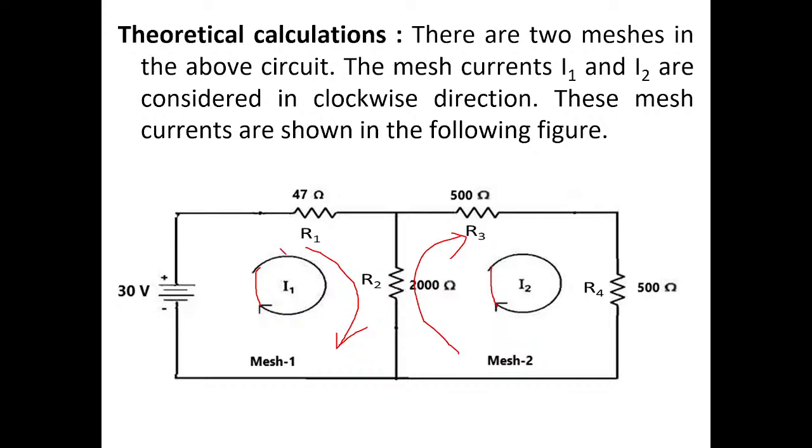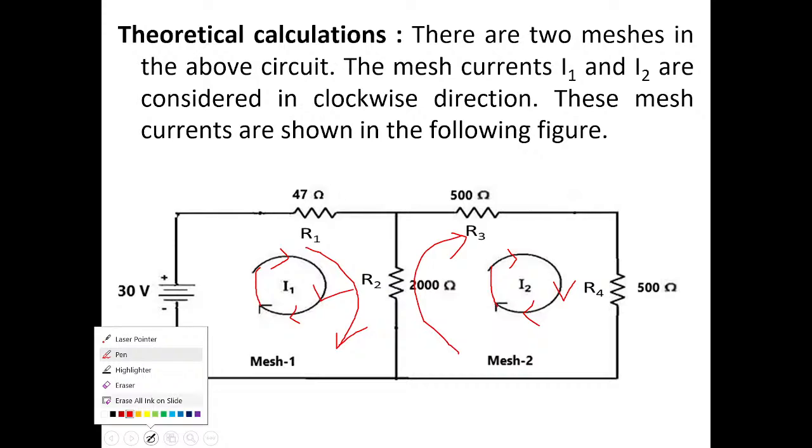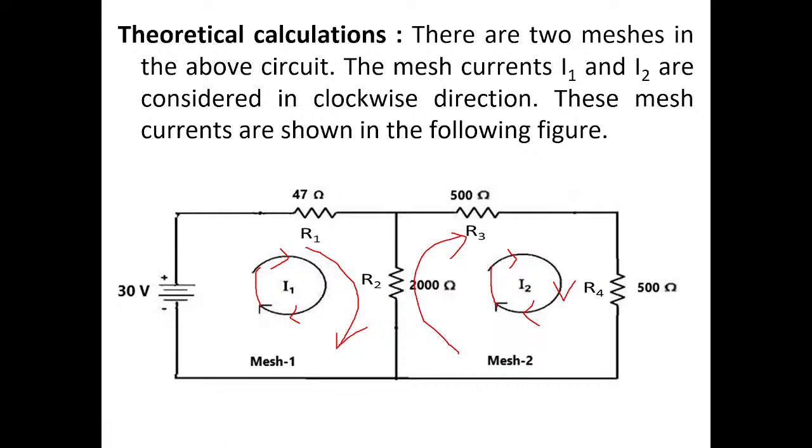So beside R2, the I1 current flows downward and the I2 current flows upward.